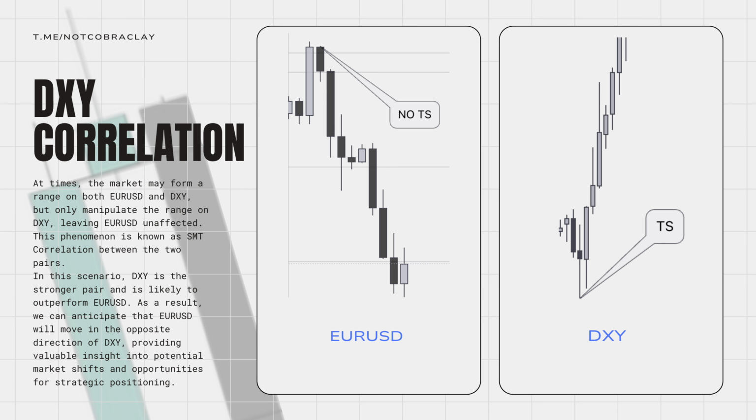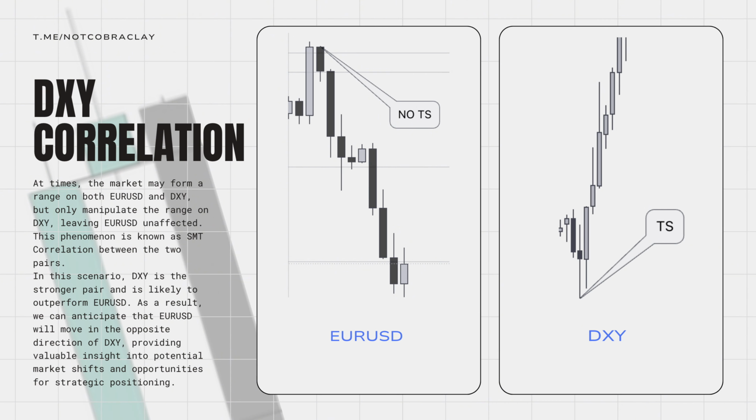This phenomenon is known as SMT divergence or SMT correlations between the two pairs. In this scenario here on the bottom right, Dixie is the stronger pair and is likely to outperform EU. As a result, we can anticipate that EU will move in the opposing direction of Dixie, providing valuable insights into potential market shifts and opportunities for strategic positioning.